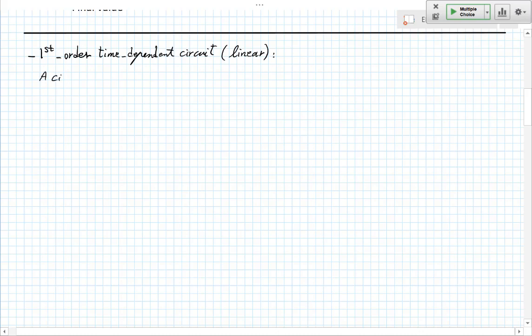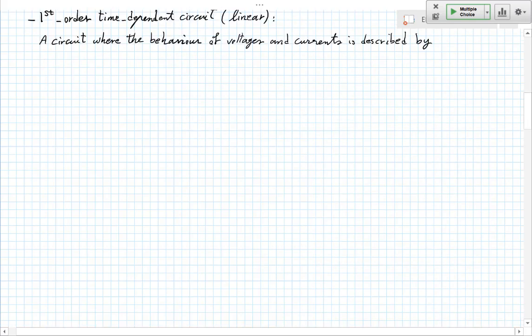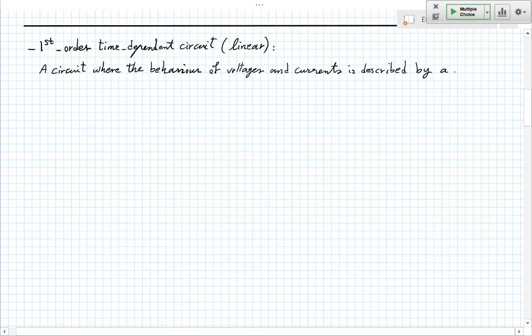So this is a circuit where the behavior of voltages and currents is described by a first-order linear ordinary differential equation.